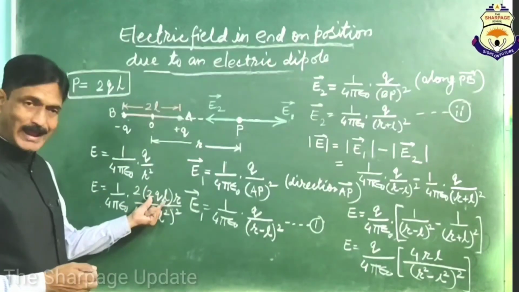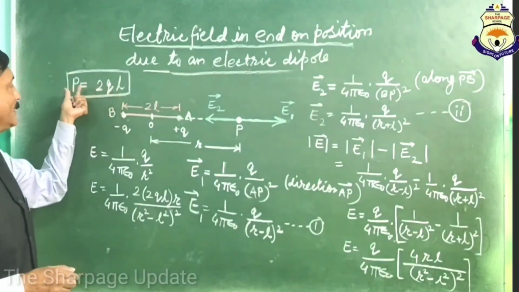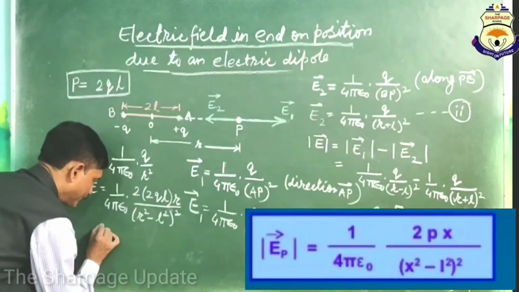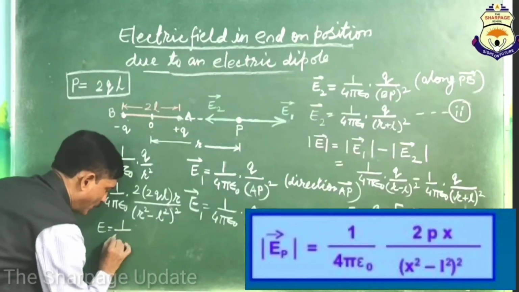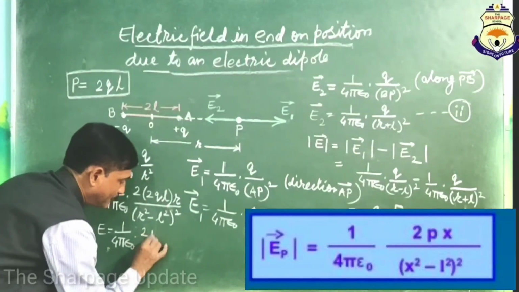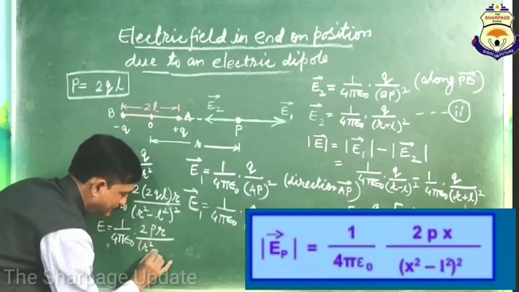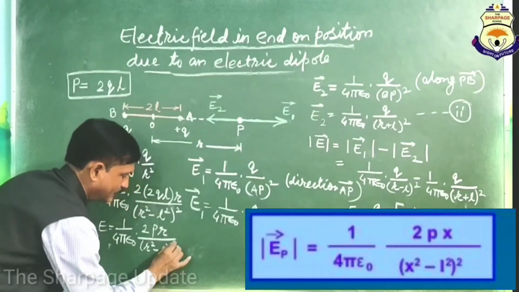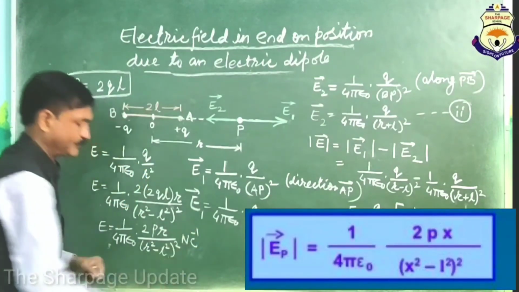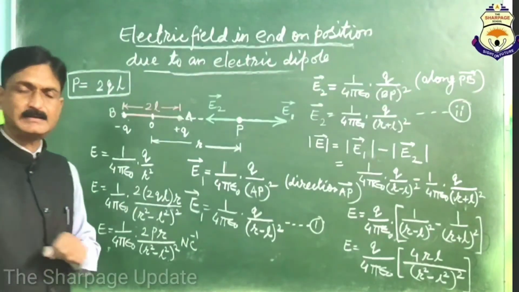So, 2ql will be the electric dipole moment, and electric dipole moment is represented by P. So, E equal to 1 upon 4 pi epsilon 0 into 2PR upon (R square minus L square) whole square Newton per Coulomb. Newton per Coulomb is the SI unit of electric field intensity.